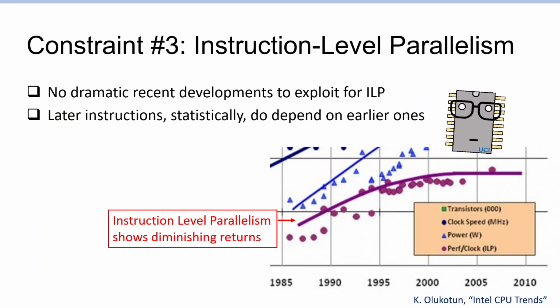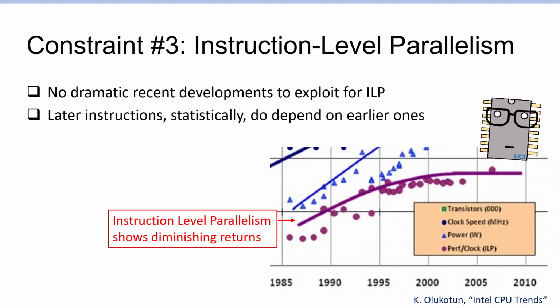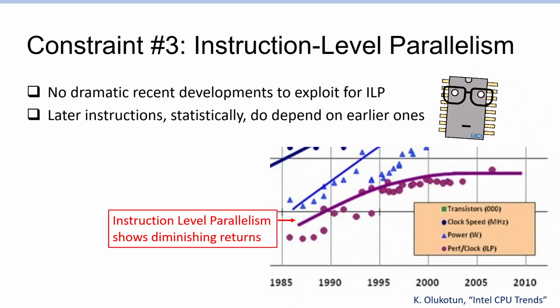here's a chart from a paper I found, which shows the trend of exploited ILP, at least in the context of Intel processors over the years. It shows that the instruction level parallelism that is being exploited shows diminishing returns, at least in recent years, meaning no dramatic recent developments have been put into place which played some magic to exploit more ILP.